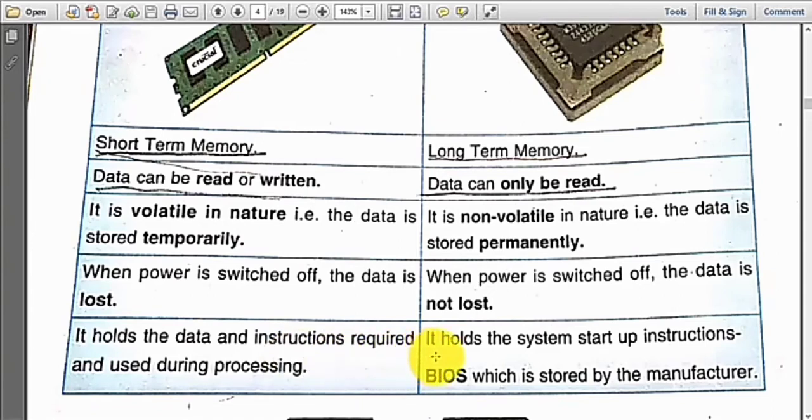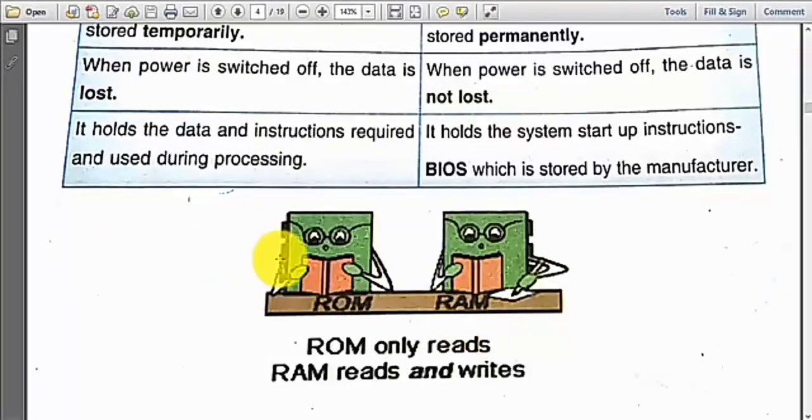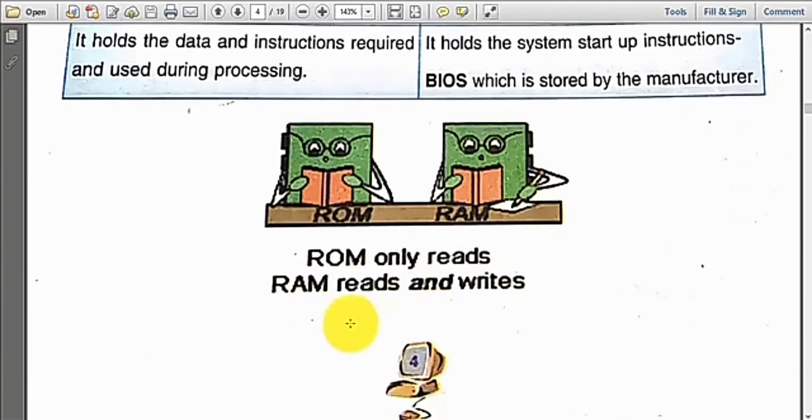BIOS means basic input output system. Later we will discuss what BIOS is, which is stored by the manufacturer. So see here, ROM and RAM. ROM only reads, and RAM reads and writes.